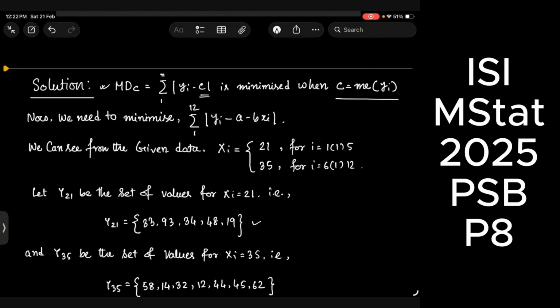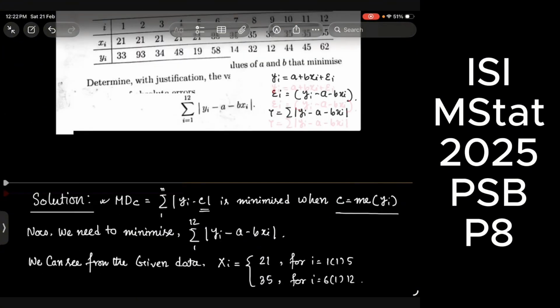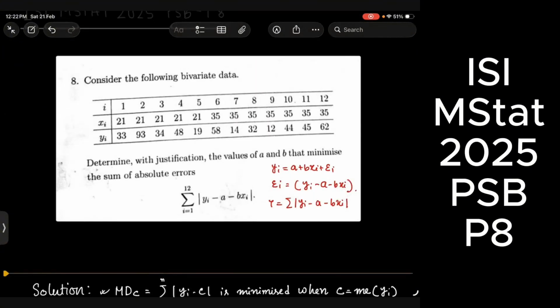We are trying to find the median of yi when x is 35. There are actually two groups. We break it down into two separate groups, right? That's why you have to show it.